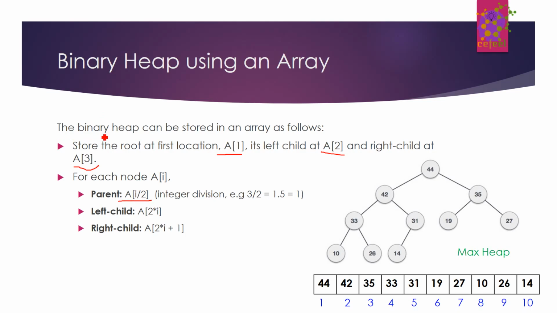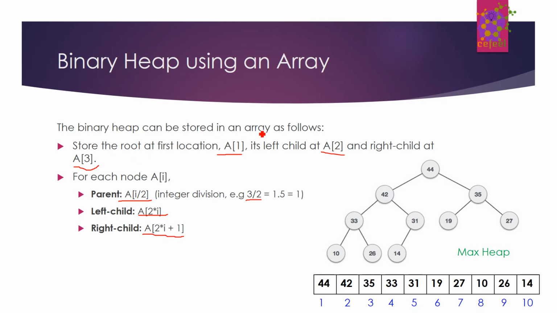When we say i/2, we are using integer division, which means 3/2 is actually 1. We basically disregard the decimal values, so we just do integer arithmetic. The left child is located at 2*i, which means double its own index, and the right child is located at 1 greater than double its index.